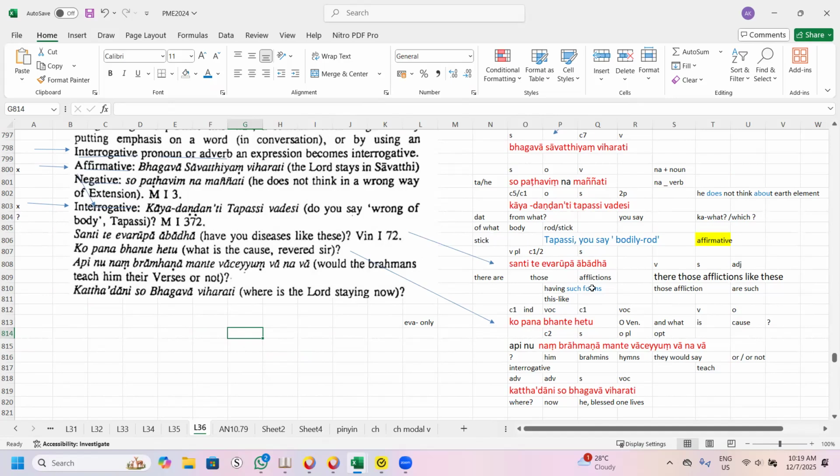So the moment you want to ask, you want to change into interrogative, that means you have to put the verb, so you put the question here. You put something: those afflictions are such. These become interrogative. In English, it's like that.